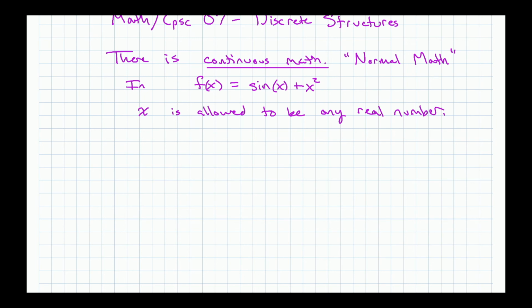And specifically, the consequence of being able to have any real number is that in any kind of interval, such as, let's say, 0 to 1, there are infinitely many possible real numbers.